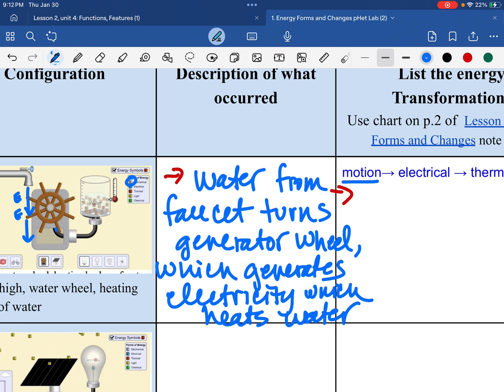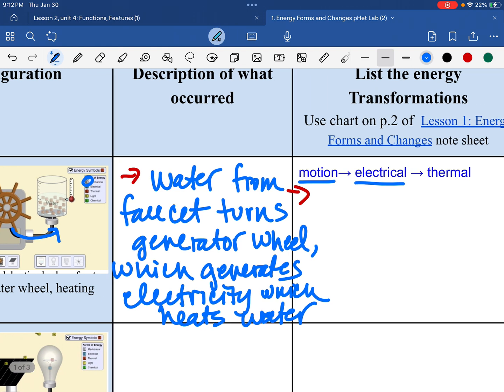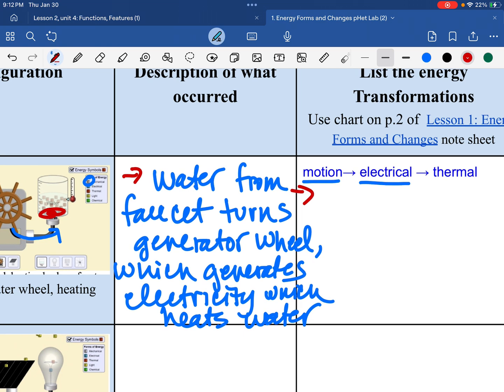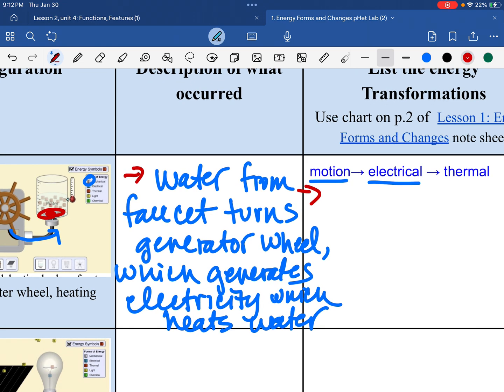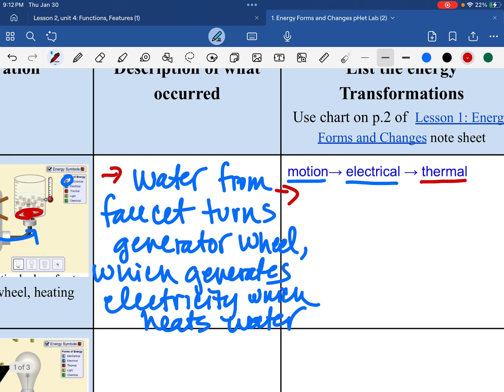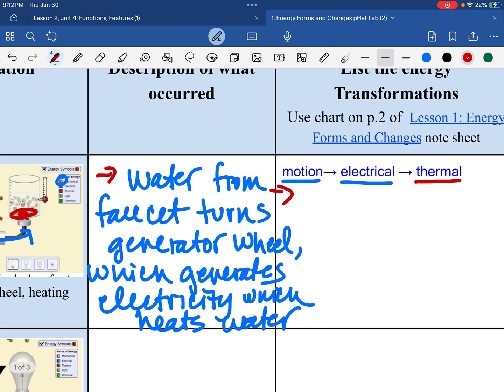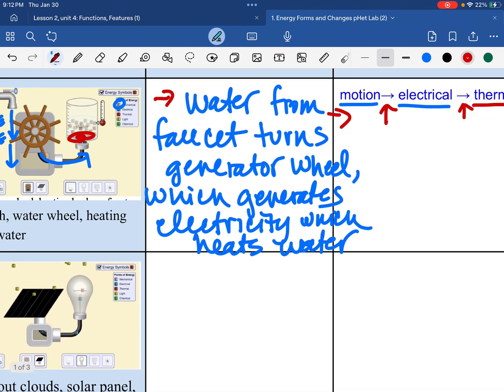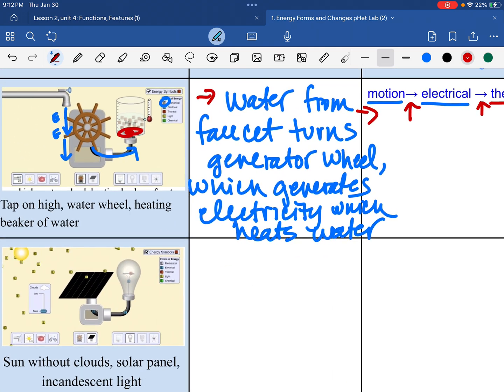And then that was generated electricity, which traveled through this wire. So it transformed to electrical energy. And that electrical energy heated up the little red coil that was underneath the beaker. And that was heat, so that's thermal energy, which heated the water, thermal energy. So we had two energy transformations here and here. Right? Some of them might have more than two energy transformations.